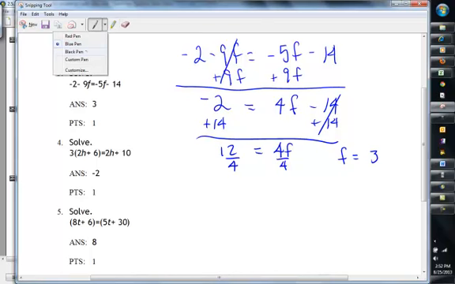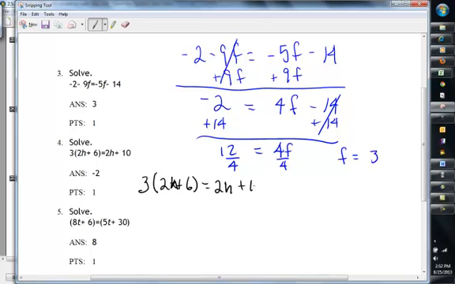Next equation, 3 times (2h plus 6) equals 2h, that's an h, not an x, plus 10. We have to distribute the parentheses, and we get 6h plus 18 equals 2h plus 10.